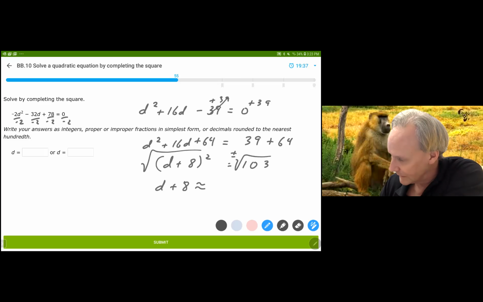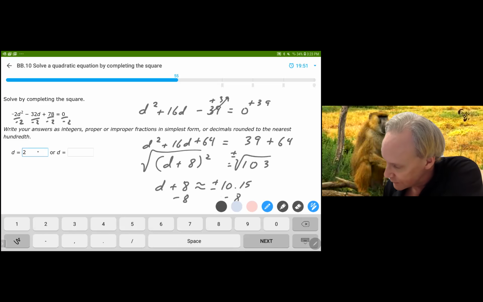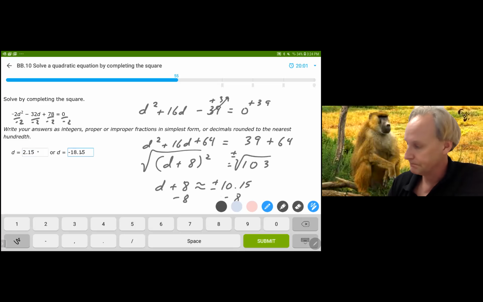Yep. Plus or minus 10.15. And I'm going to subtract 8. So I get 2.15 or negative 18.15. And that looks right.